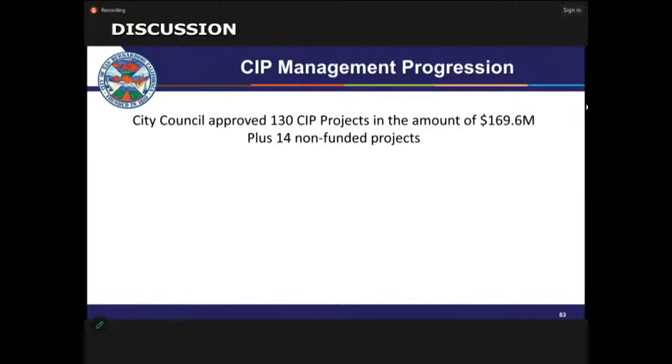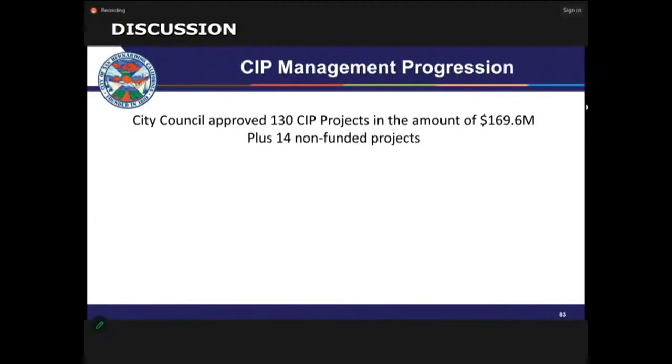So as I mentioned to Councilmember Alexander, the workload for the department is pretty immense. We have 130 approved projects, I know the mayor's image right there is covering it, but it's $170 million. And we also have 14 unfunded projects. Over the last 6 months, I feel we've taken great strides to have a better grip of our CIP program.